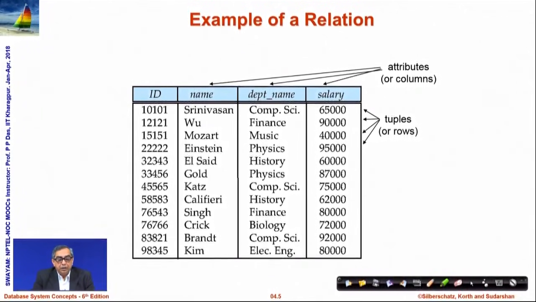So, we again repeat this example from the past. This is an example of instructors in a university, a table of instructors given by attributes or columns: ID, name, department name and salary.